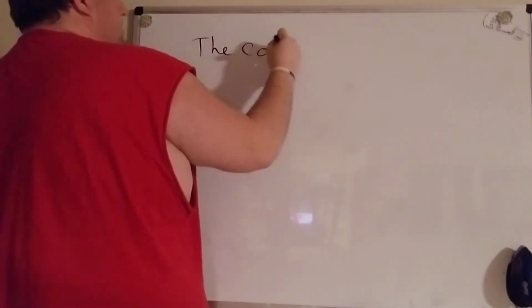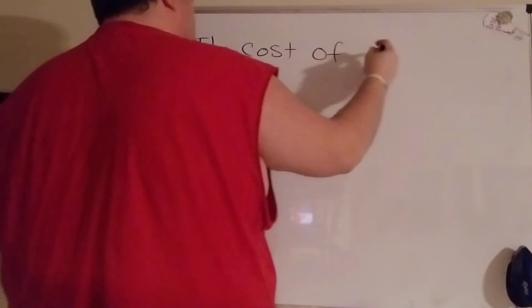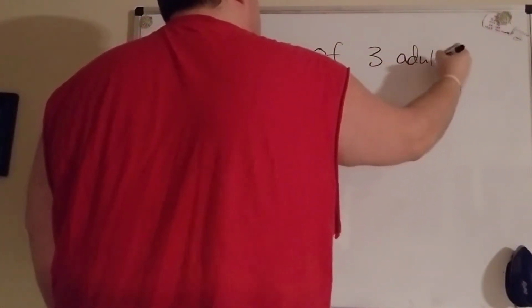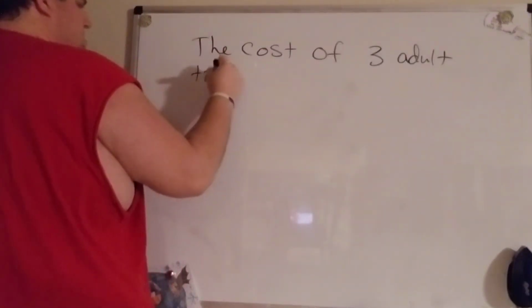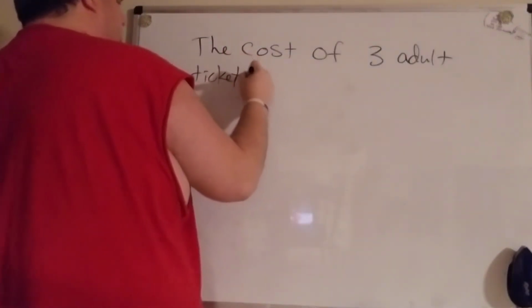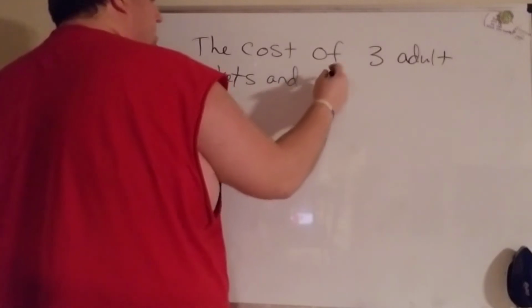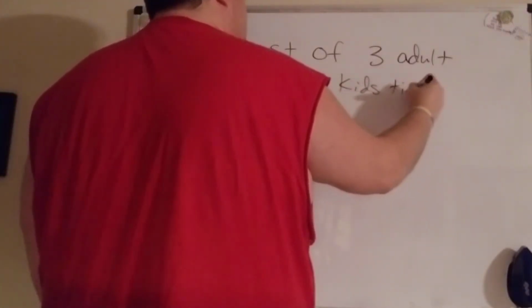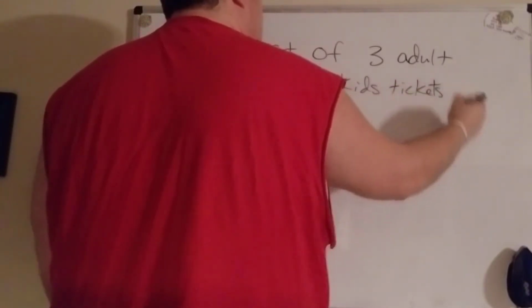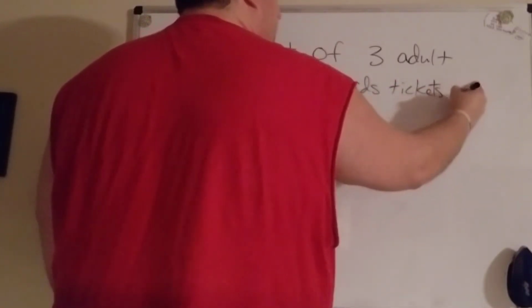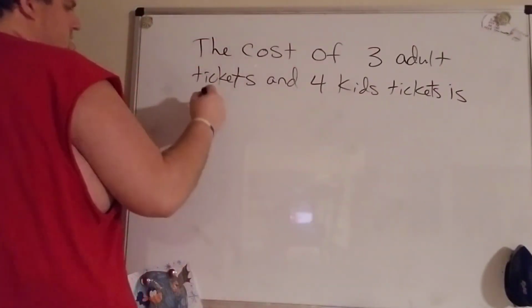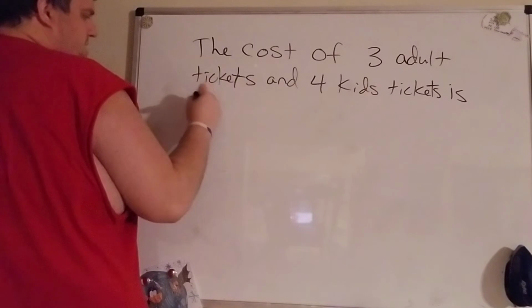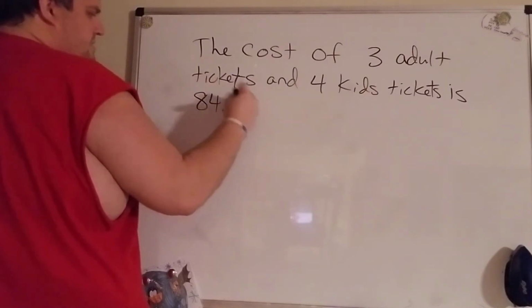The cost of 3 adult tickets and 4 kids tickets, the cost is, it's probably a lot. 7 tickets, right? We'll say $84.50.